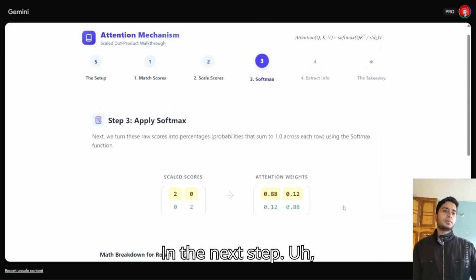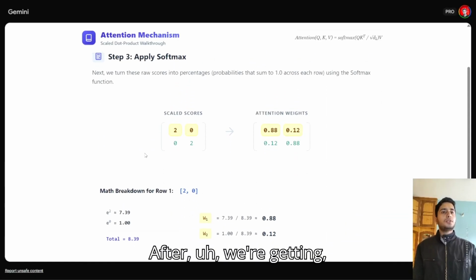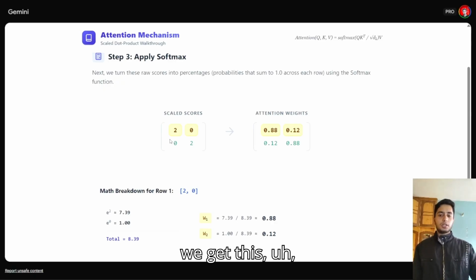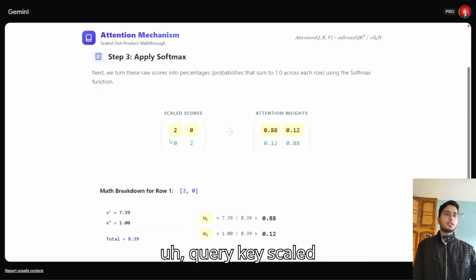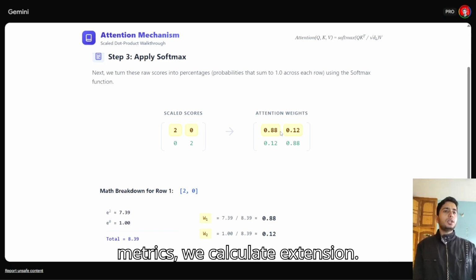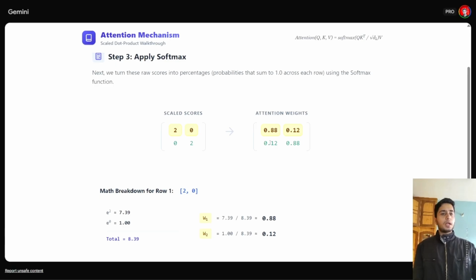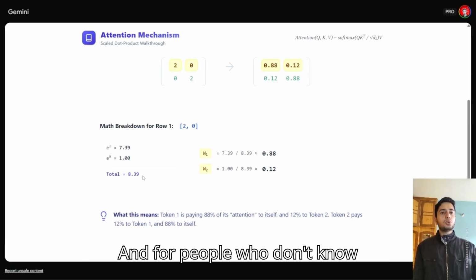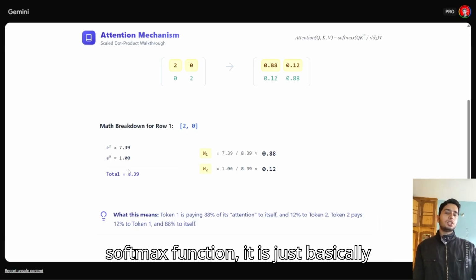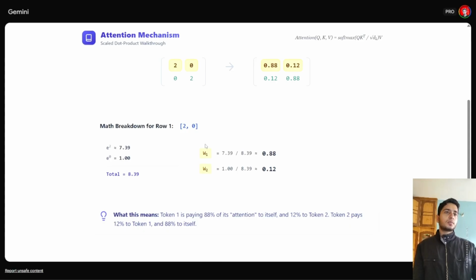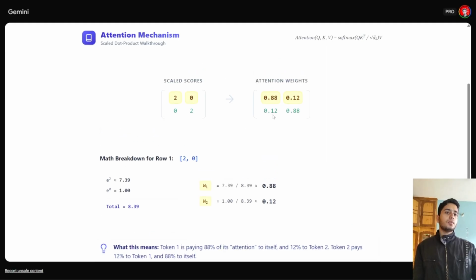In the next step, after we get the scaled matrix, we calculate its attention weights using the softmax function. For people who don't know the softmax function, you basically take this 2 and this 0 and apply the exponential function on them.